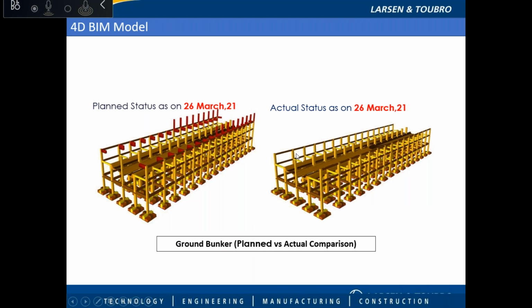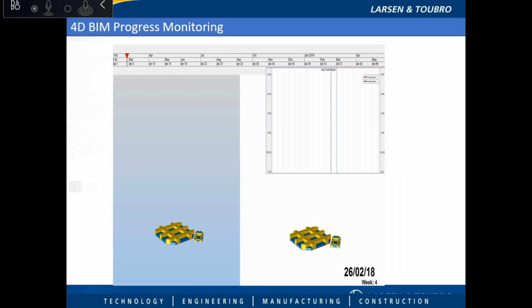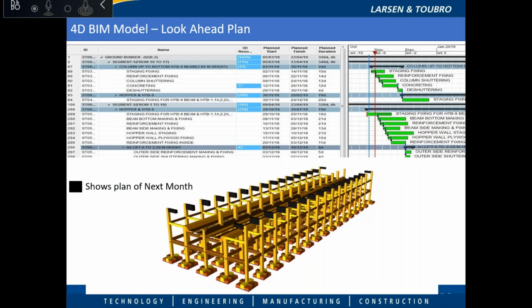Now, till today my plan is the red one and my actual work happened in this way. Look at the plan I told you about: the black things are my next 1 month plan. So prior to construction, I know what my plan will be and I can arrange everything that way.